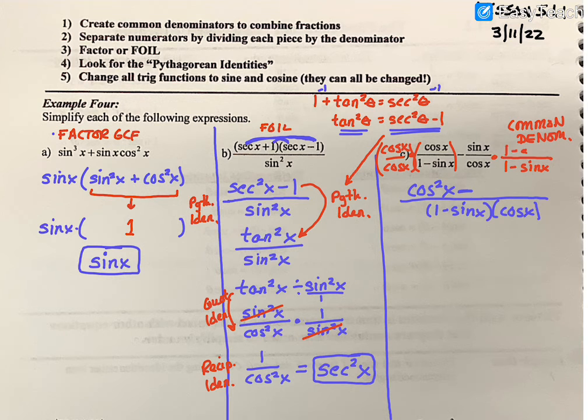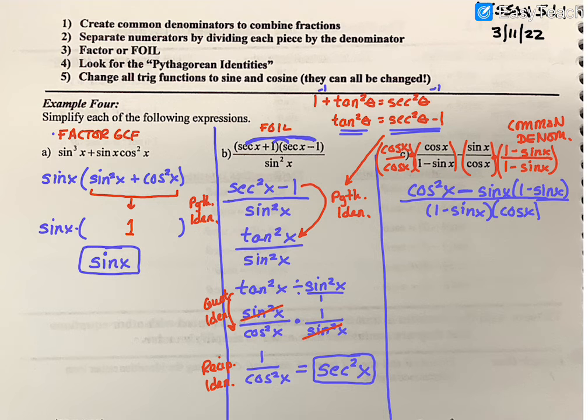So that means I'm going to multiply numerator and denominator by 1 minus sine x. Now, I'm not going to quite multiply this one. I'm going to wait till the next step. So I'm just going to copy down the fact that it's going to be sine x times 1 minus sine x. So that was getting a common denominator.